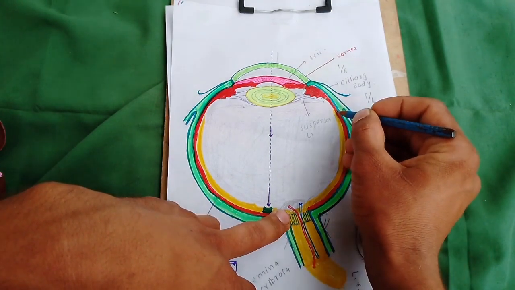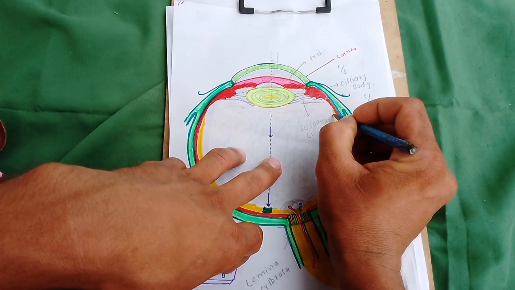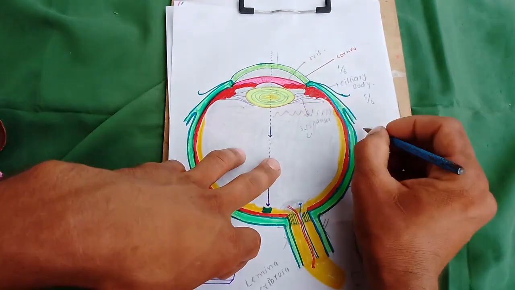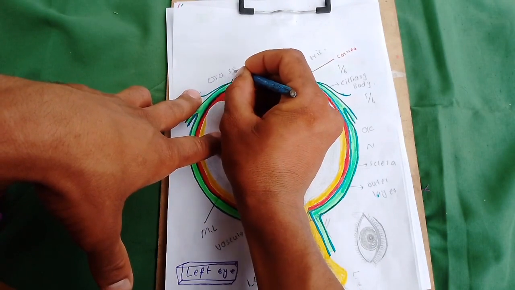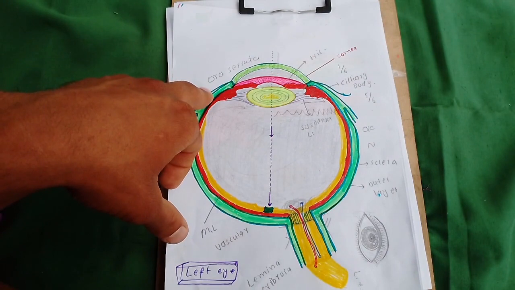The retina extends up to this point, and at this point the retina is serrated and makes a wavy-like shape, which is called the ora serrata. What is the ora serrata? The ora serrata is the ending point of the retina.